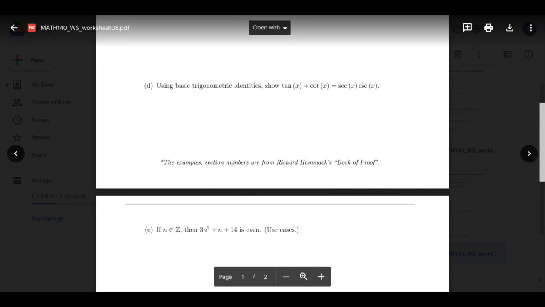Anything divided by 1 is just itself. And the cosecant x, you want to write equals 1 divided by sine x, not sine x divided by 1. And the secant equals 1 over cosine. Cosecant equals 1 over sine.